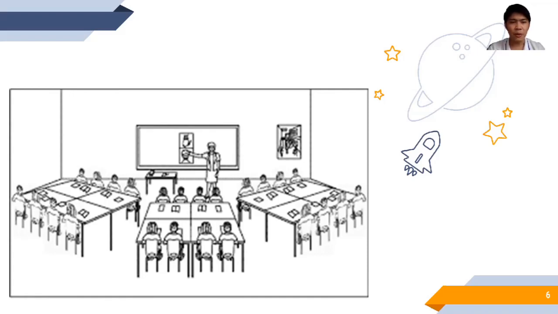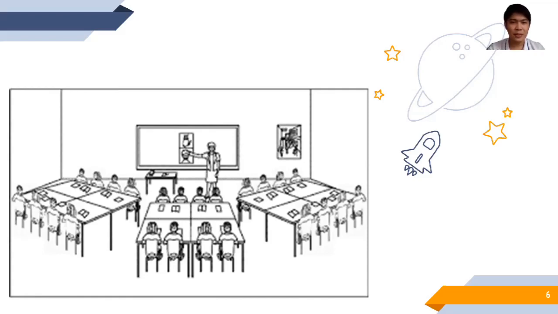The MPPE or the multigrade program in Philippines is one of the flagship programs of the department to ensure continuous provision of quality elementary education services to far-flung, isolated, and poor communities in the archipelago.